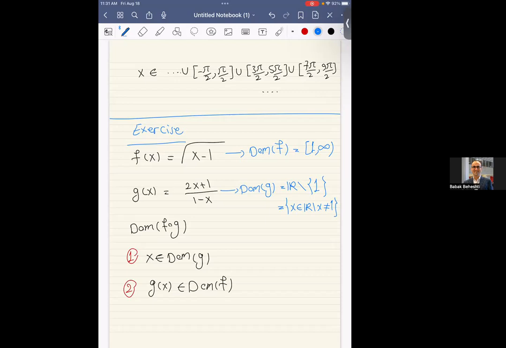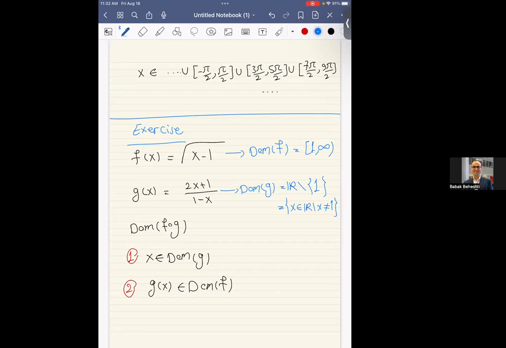So you have to check this condition. X is in the domain of G, but G is in the domain of F. So the second condition, you have to work on it. What does it follow from the second condition? What restriction on X do you get from the second condition? Can you do it?